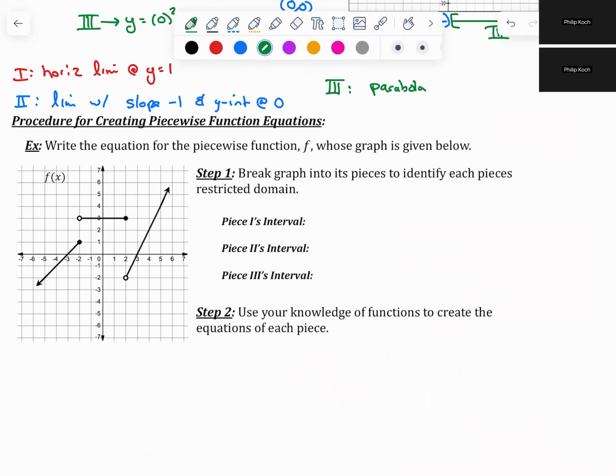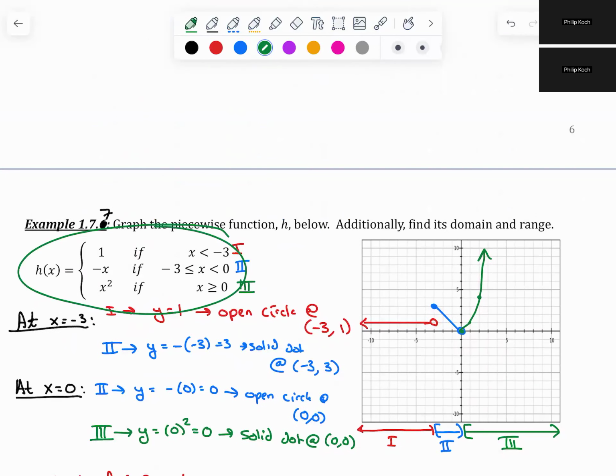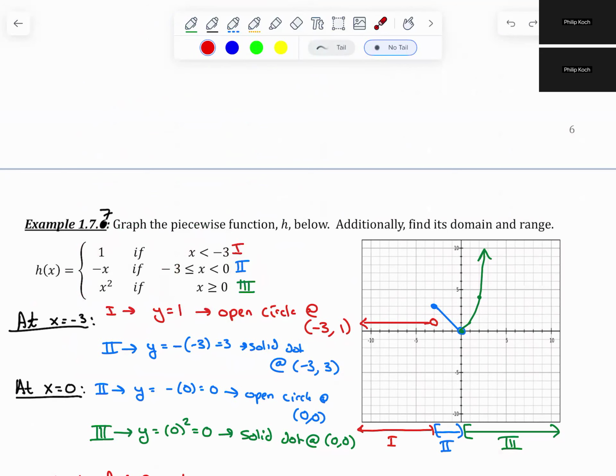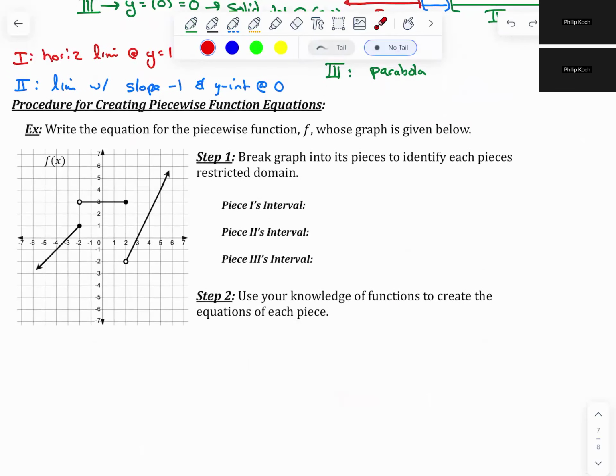And what I would recommend is breaking it down into its pieces to identify the restricted domains. Every piecewise function is composed of a function piece and then an interval piece, a restricted domain. So we need to find both parts of it. So might as well find the restricted domains first because those are not too terrible to find. So I'm going to color code it.